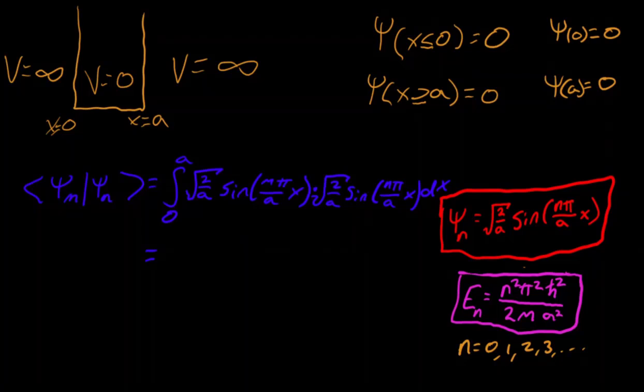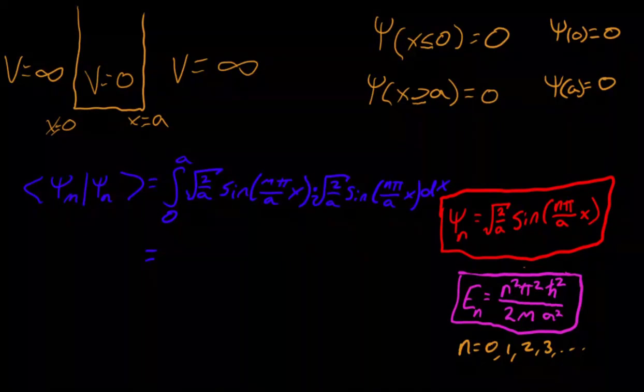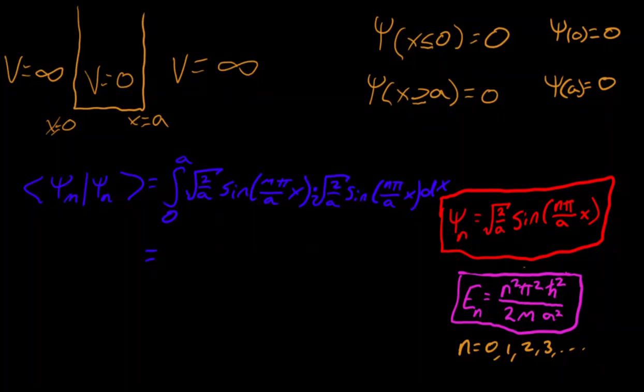And of course, we made sure with normalization that if they are equal, that's just the function squared, its norm squared, but squared because it's real. And we already made sure that that was equal to 1. That's where we got the 2 over a. So it does turn out that this is equal to delta mn, and that is good. That shows that we have orthogonal solutions.